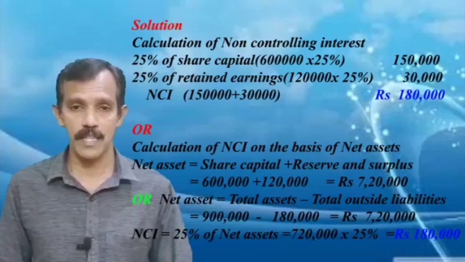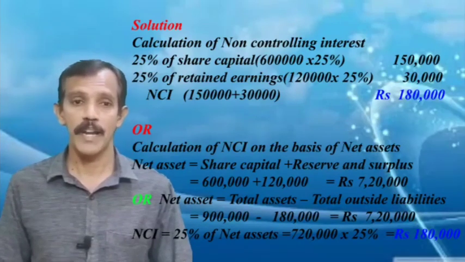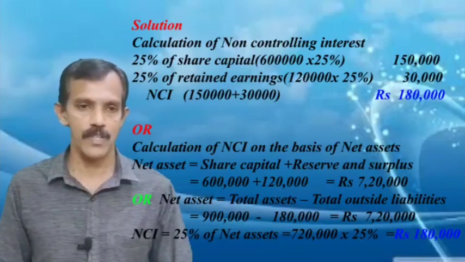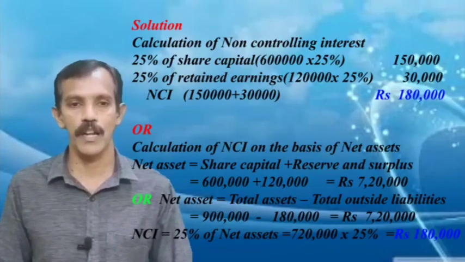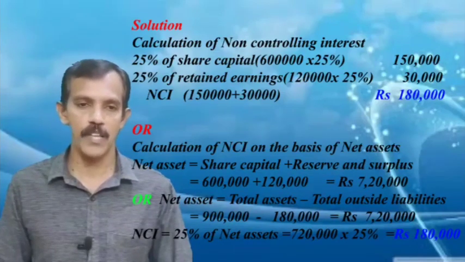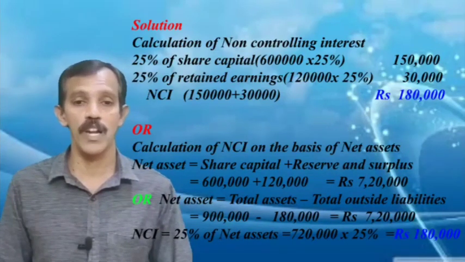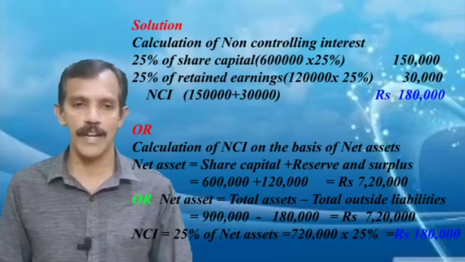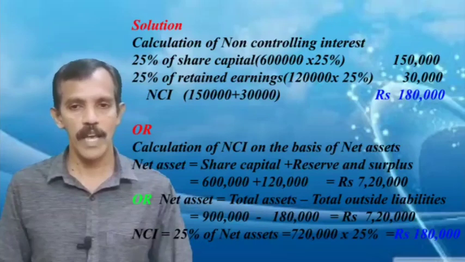We can find out this net asset in another way by deducting total outside liabilities from total assets. Net asset is equal to total assets, 9 lakh, minus total outside liabilities, 1,80,000, that is equal to 7,20,000. In both ways, our net asset is equal to 7,20,000.